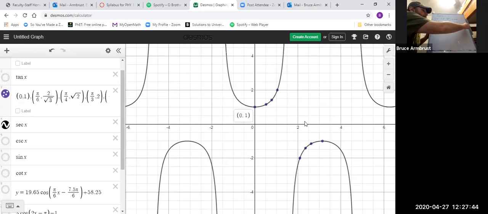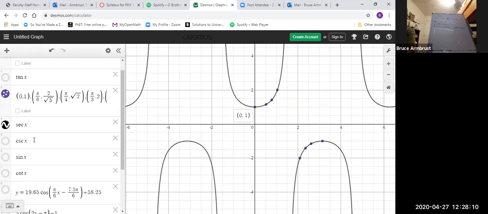And it's pretty easy to see that for this one, the period is going to be 2 pi. In order to get a complete graph, if we were to cut and paste, we would need both a smile and a frown. And that's going to have to go over an interval of length 2 pi. But we already saw that secant had a period of 2 pi. So there's a graph of secant.